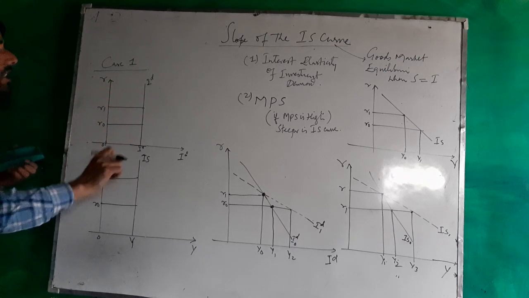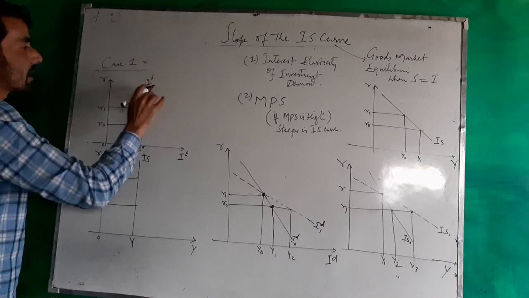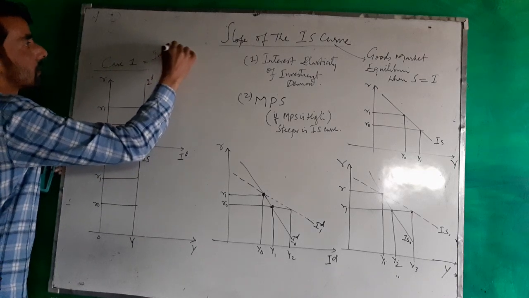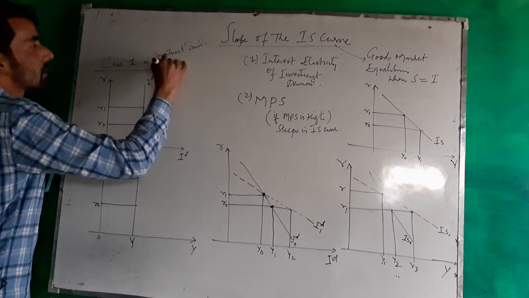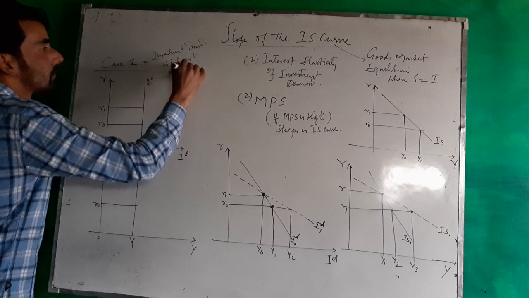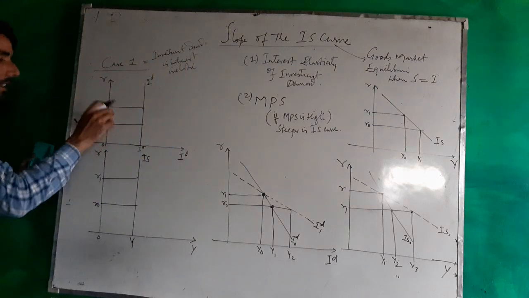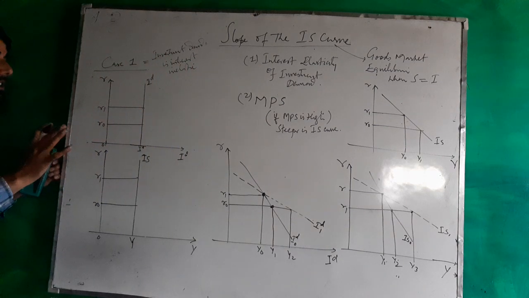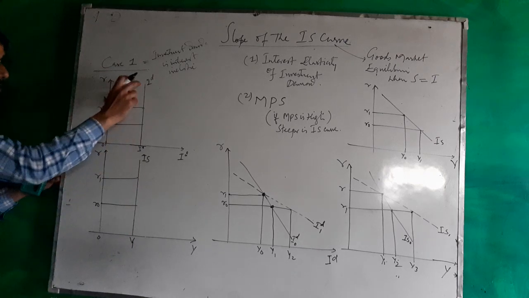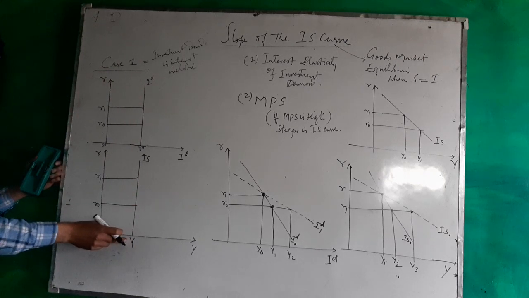That means case first, investment demand is interest inelastic. Whatever the rate of interest, investment is not going to change. If this is the situation, then the IS curve will be vertical.